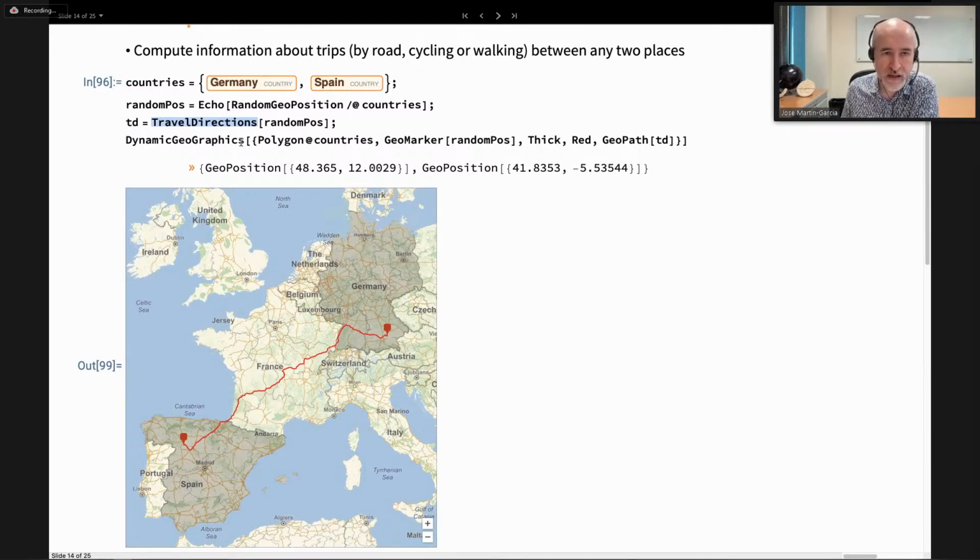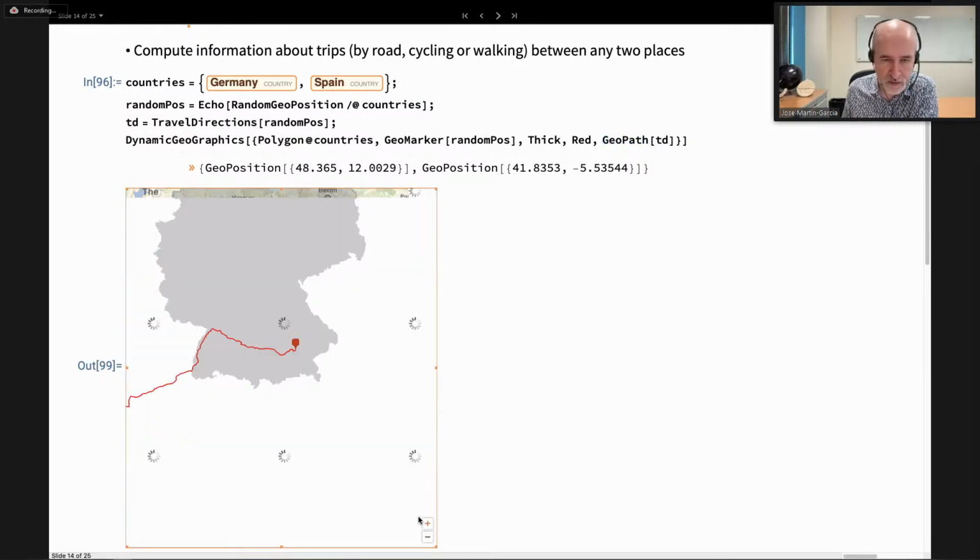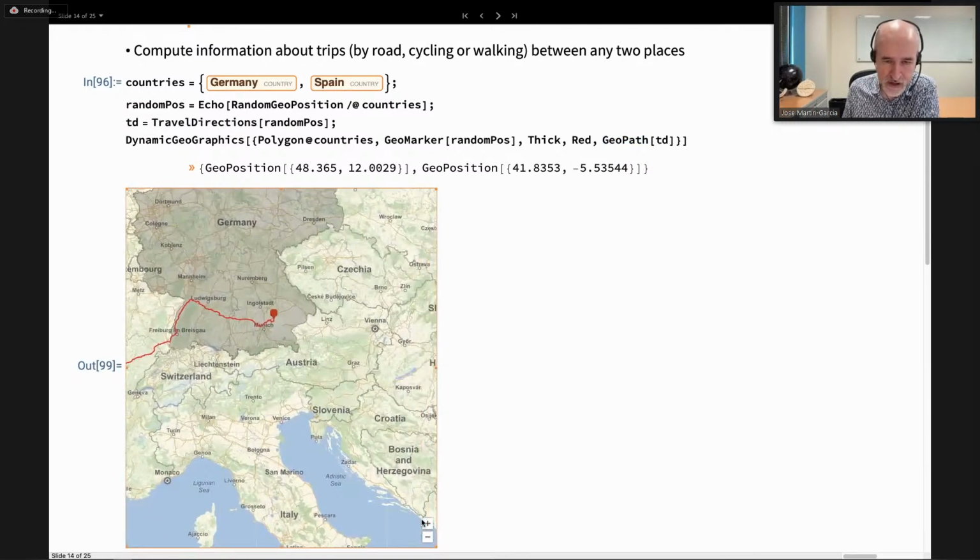And now I put this in a dynamic geographic map. You see, I'm just drawing the polygons of the two countries, the markers on the random positions that were computed by random geoposition here, and then I draw a thick red path corresponding to the travel directions we have computed, which is that one. And now we could, for example, zoom around this location in Germany, right?